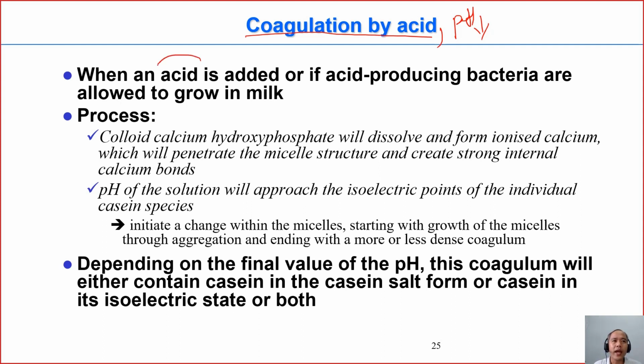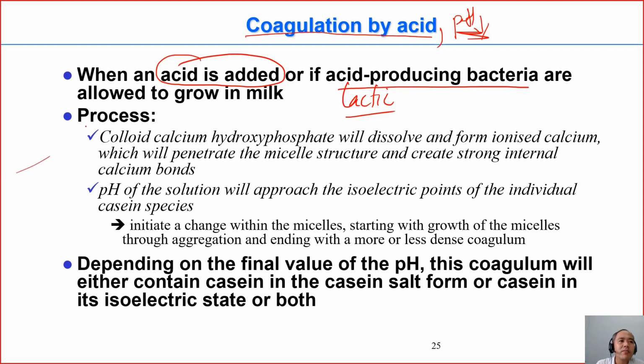Either we add an acid into milk, or we do fermentation with certain bacteria. For example, lactic acid bacteria in fermentation of yogurt will ferment lactose to make lactic acid. And then we have low pH, and then we have coagulation of caseins.